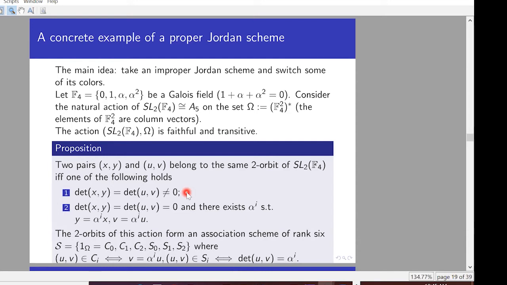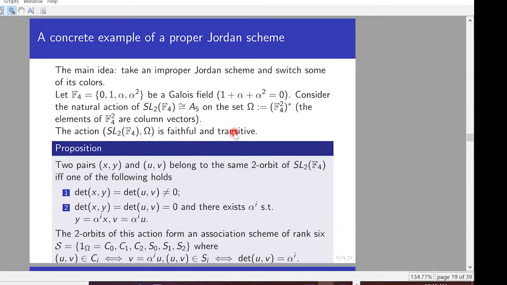So what we do is the following. We take the group SL2(F4), which acts on non-zero vectors of a two-dimensional vector space over F4. There are 15, and these are column vectors. And the action is faithful and transitive.